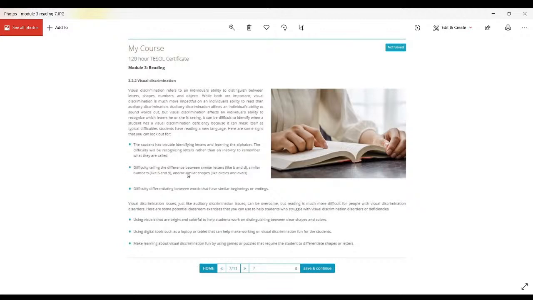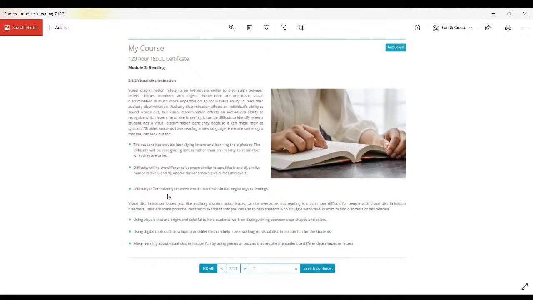Difficulty telling the difference between similar letters like B and D. For younger kids, this is still normal, so don't push your kids to learn this right away. Similar numbers like 6 and 9 or similar shapes like circles and ovals. I'm happy because my kids did not have trouble telling the difference between these, like the examples here.